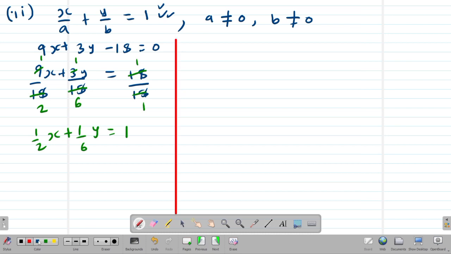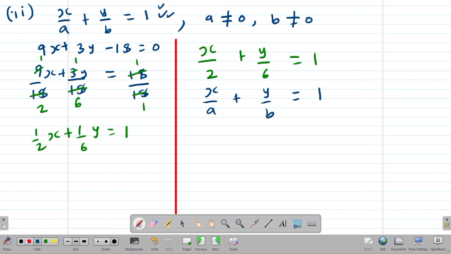So we can write this equation this way. This can be written as x over 2, because 1 times x you get x, then of course plus 1 times y you'll get y, then of course over 6 being equal to 1. So this is exactly in the desired form, which is x over a, then of course plus y over b being equal to 1.